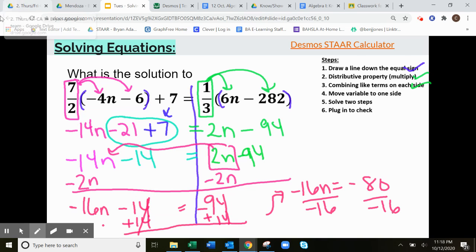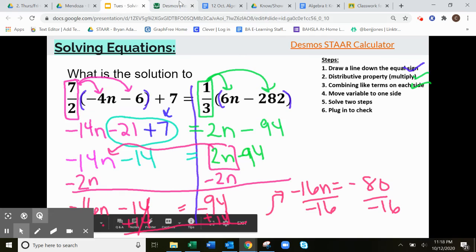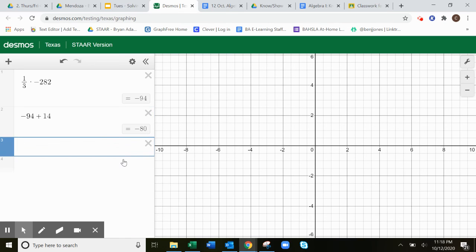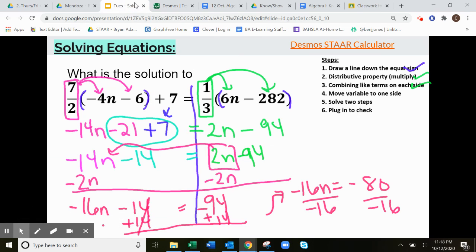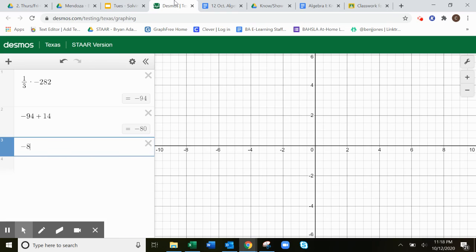So that's negative 80 divided by negative 16 is 5.